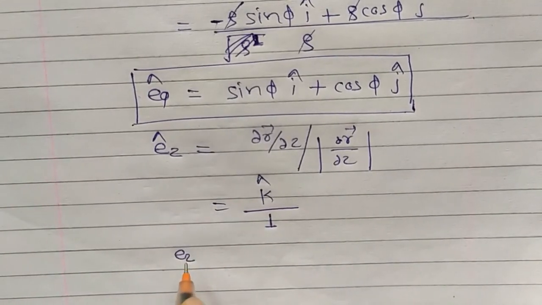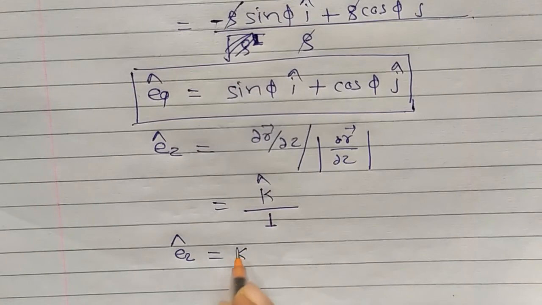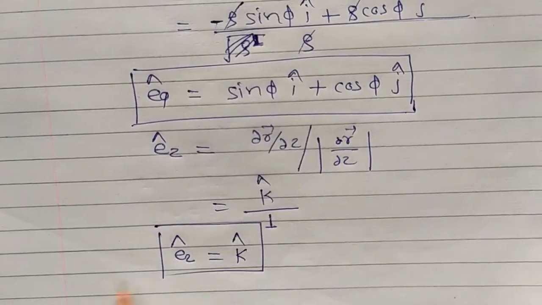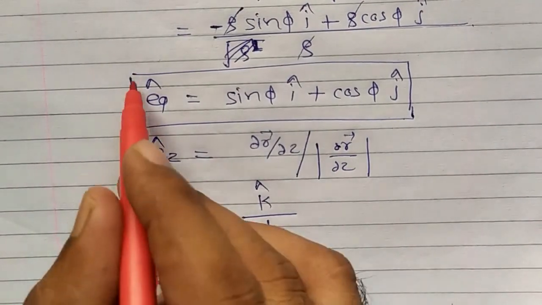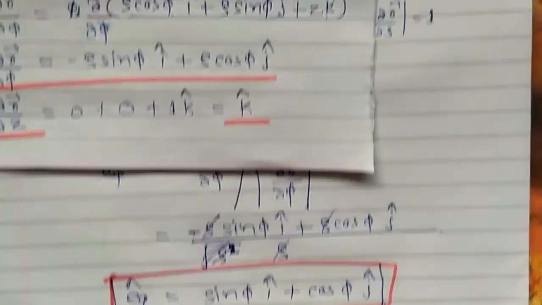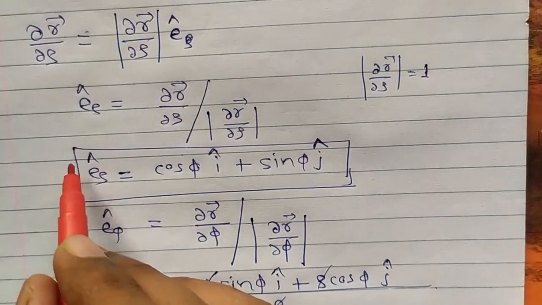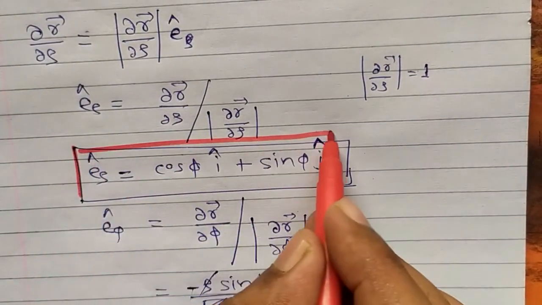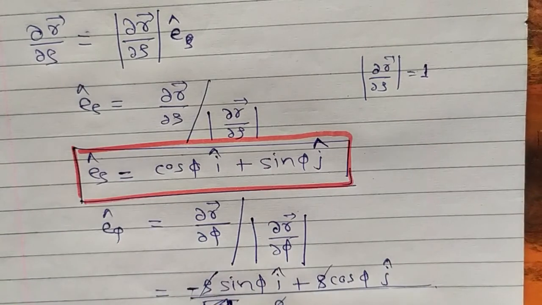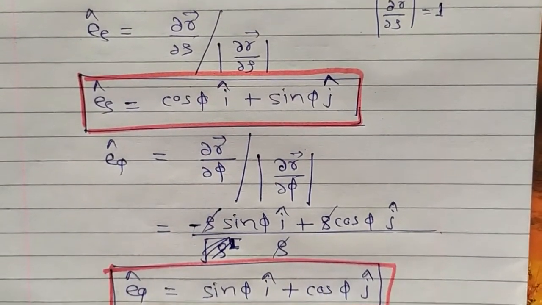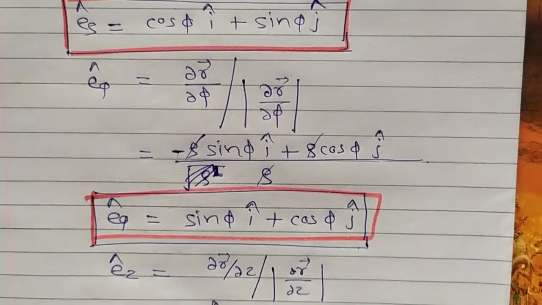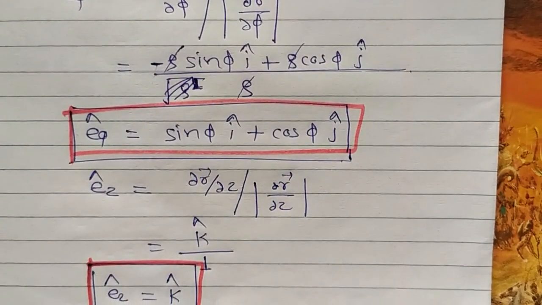So you can say e z cap is equal to k cap. These are the three expressions we found. Finally, what we were doing at the end was trying to find the unit vectors in the cylindrical coordinate system in terms of the unit vectors in the Cartesian coordinate system. Okay, for today we will stop here.